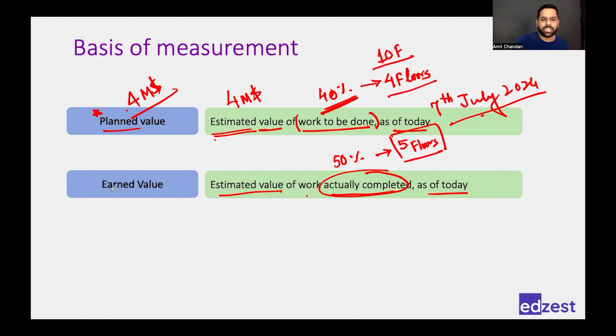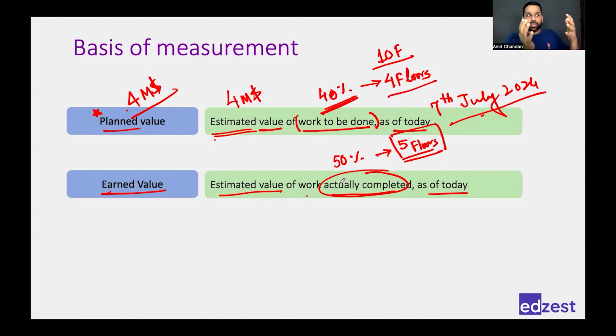Now, if I have to understand my earned value, then my earned value would be the estimated value of work actually completed. So my actual completed work is 5 floors. I will not look at my expenses. I will not look at my bills. I will look at my budget, the plan that I had created. I will look at my cost estimate, all those analogous, parametric, 3-point estimation, all those techniques that you have used, bottom-up estimate, and you created the work estimate, right?